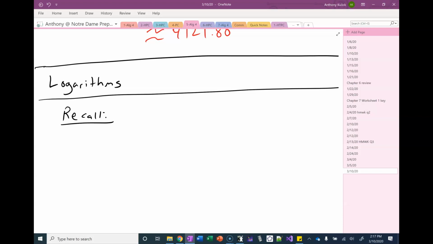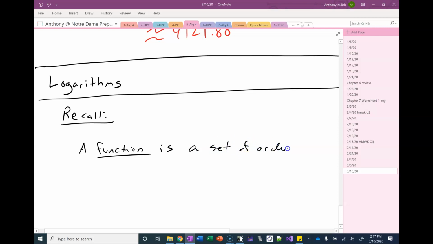So, who remembers what the definition of a function is? Harley. Okay, so that's fine. Let's call it a set of ordered pairs.